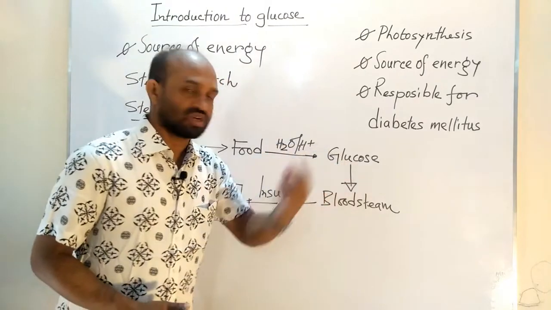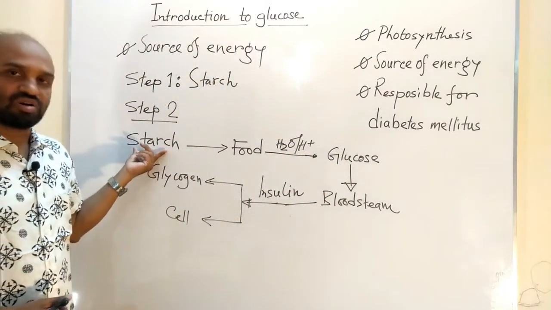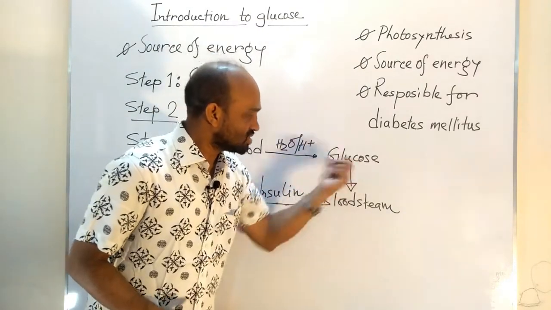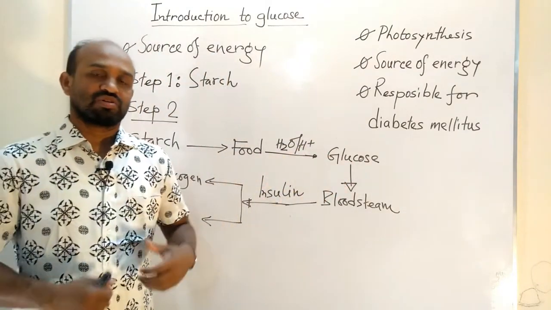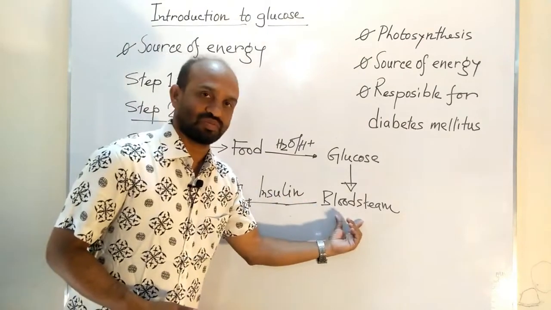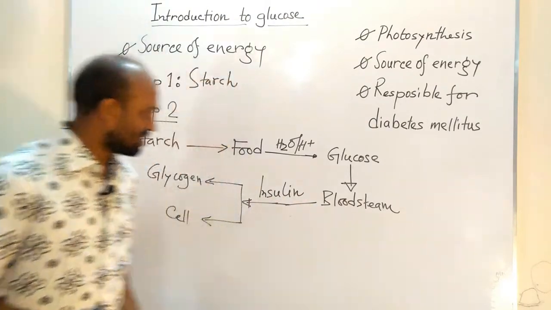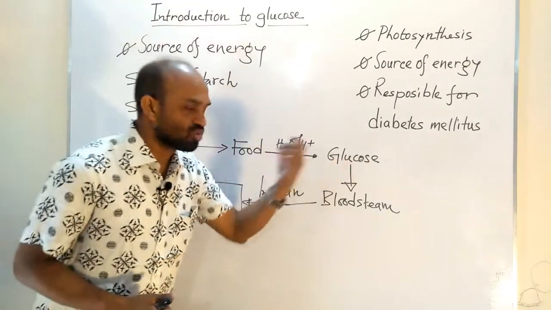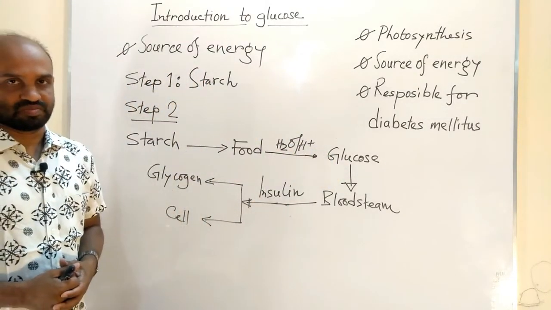And again we got the monomer of this polymer, that is glucose, and this glucose then goes to the bloodstream where insulin regulates this glucose in the bloodstream.